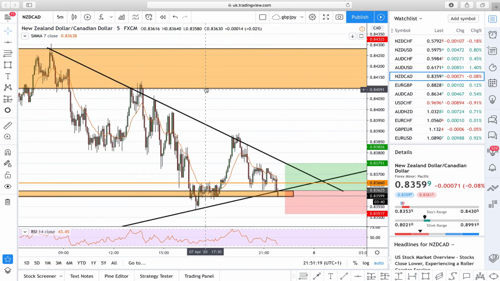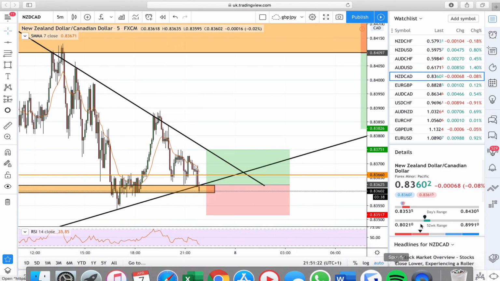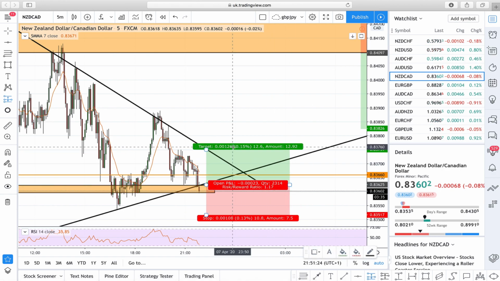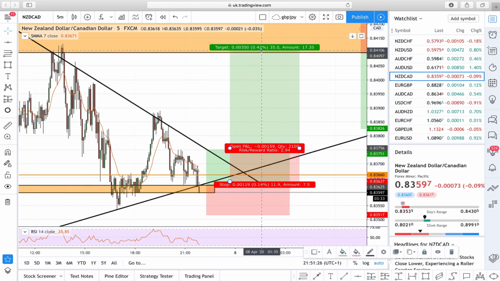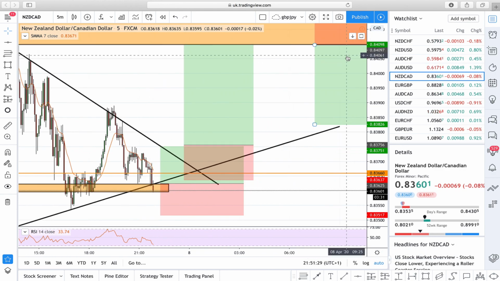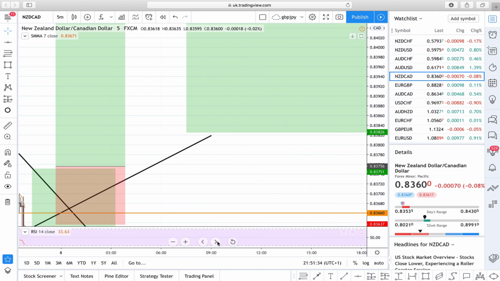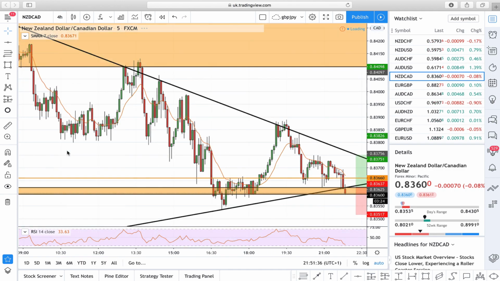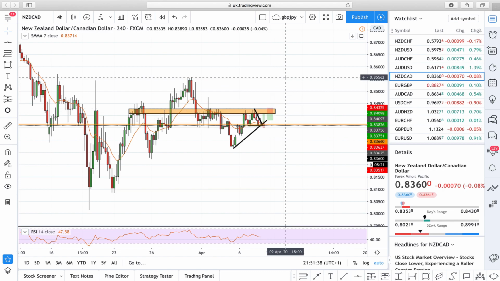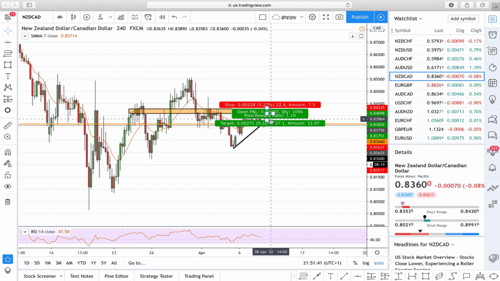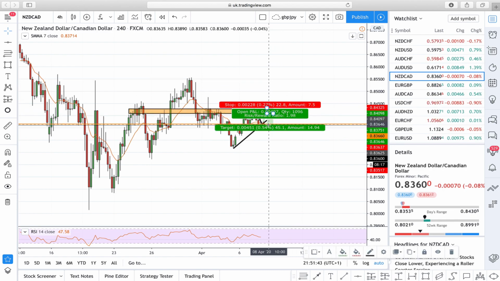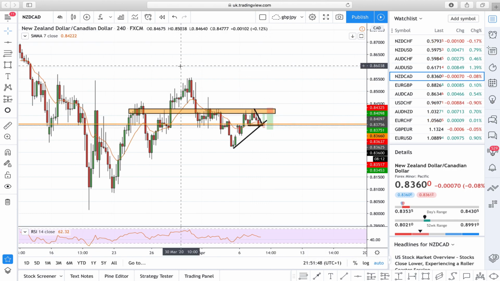If I was day trading, I'd wait for a break of the actual trend, and my trade would then go from being 10 pips to 30, and then a sell, how many pips was that? I think it was a bit more if I zoom out. I'd then take a sell back down to the support, which would be about 40 pips. And on the previous trade, I had a sell for about 70 pips. So that's the difference between scalping and day trading.